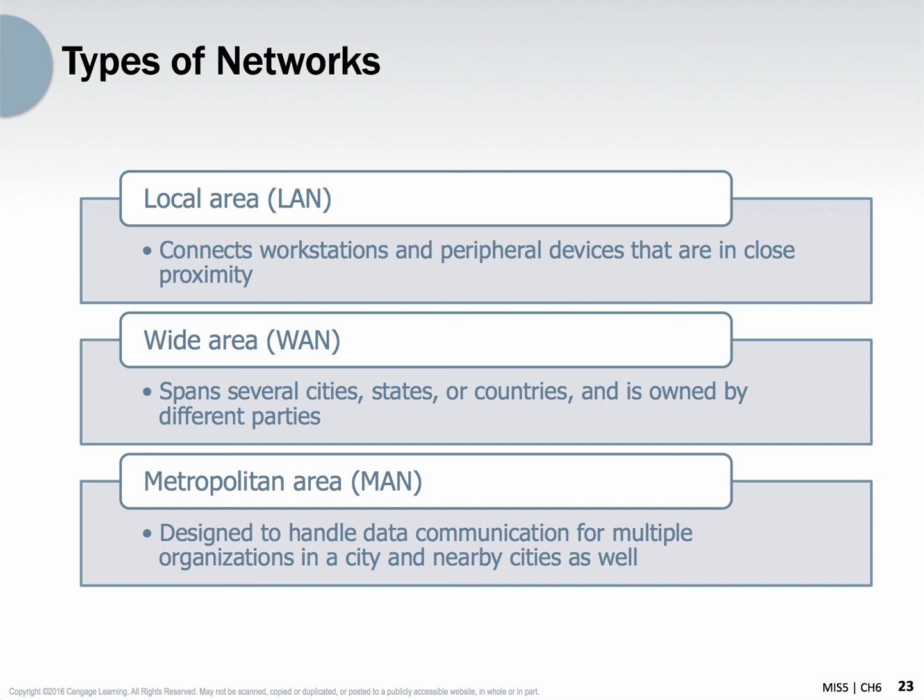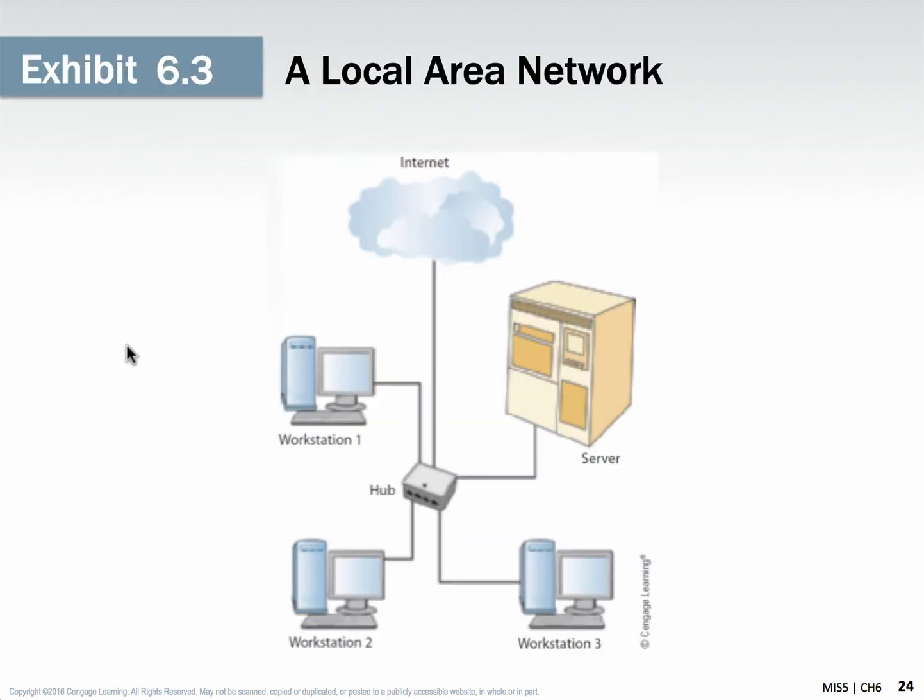And then the final one is a metropolitan area network. And I wish that these were in order in how the size increases, or even in alphabetical order. I think it would still be a better order. And the metropolitan area network is just a network for a city or connected kind of municipalities. So to get a top view of those, let's start with a local area network, okay?